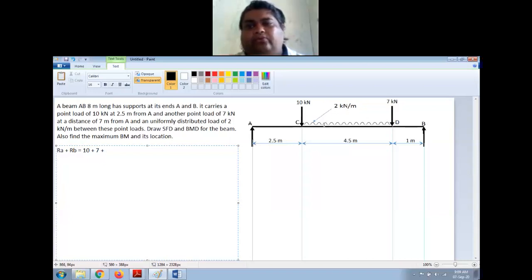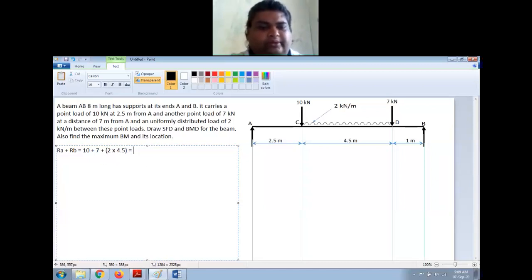That means if you measure 1 meter length, this weight will be equal to 2 kilonewton. So now I have 4.5 meter length of UDL, so it will be 2 into 4.5 meters. So, plus 2 into 4.5 kilonewton. I'll just put that in the bracket.